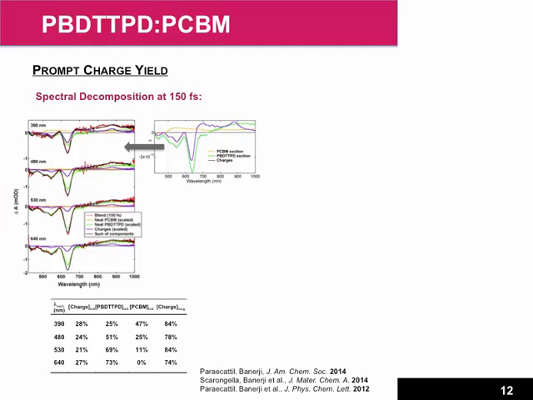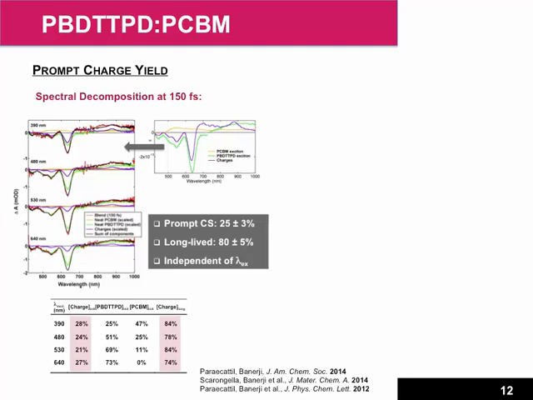And what we found from that is that actually the amount of charges that are formed promptly is always about 25% independently of the excitation wavelengths. So it doesn't matter whether we excited the fullerene or the polymer, we always got 25% of prompt charge separation and 75% of the more delayed processes.